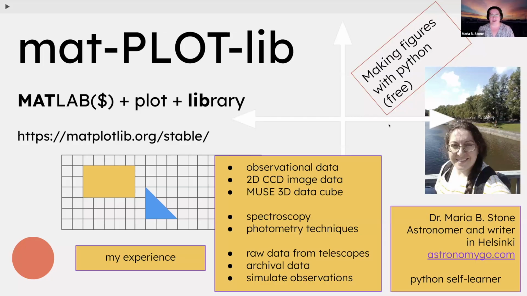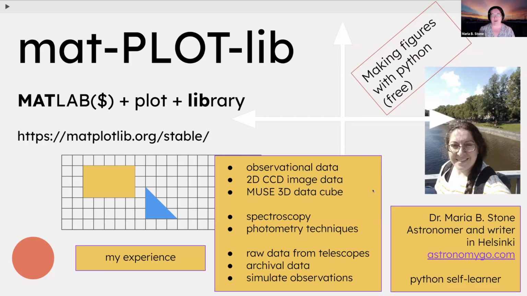Its main agenda is to make figures, especially different kinds of histograms and things like that. My Matplotlib experience is like with any other Python packages. I'm a self-learner, starting from my master's degree. When I started doing astronomy, my supervisor said you have to learn Python, so I learned it on the job while working on projects.